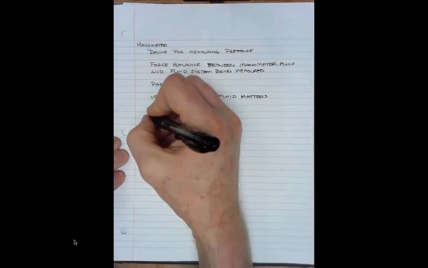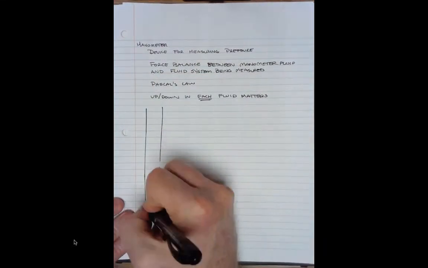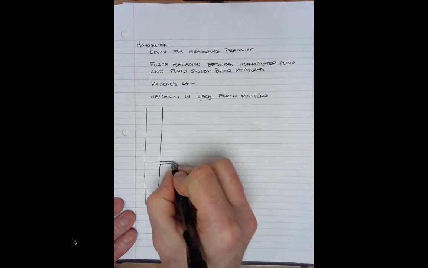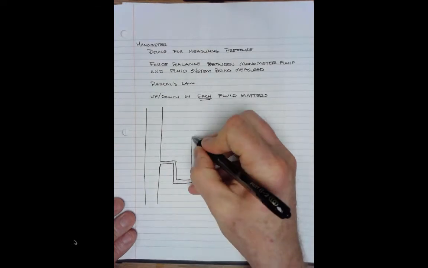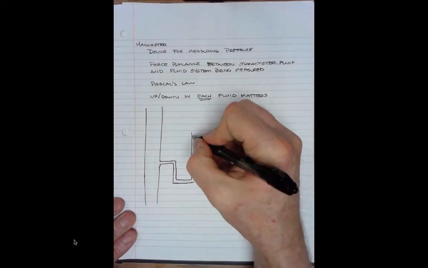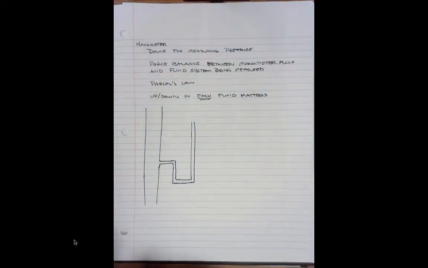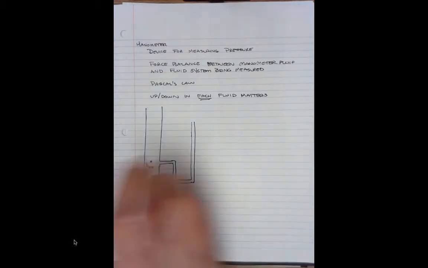So let's make another little sketch. Maybe we have a pipe system like that, and we've got a manometer, comes out and forms a U shape, kind of a U-tube manometer. That was a terrible pun. And here's the system in here that we're trying to measure.